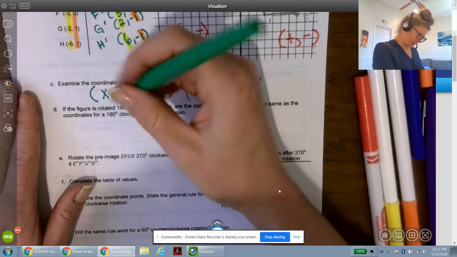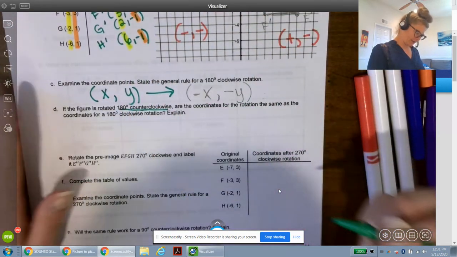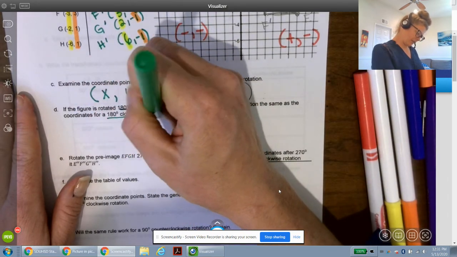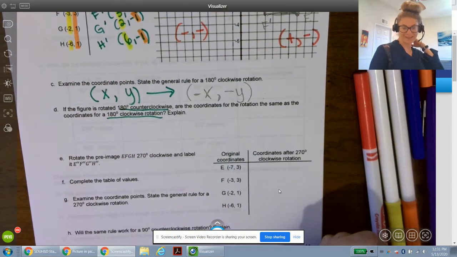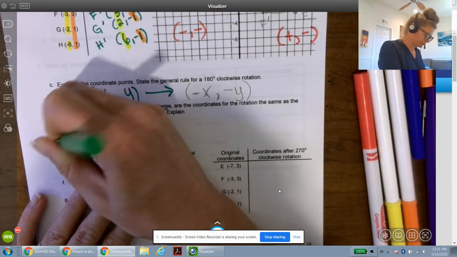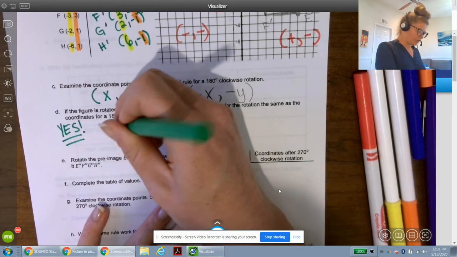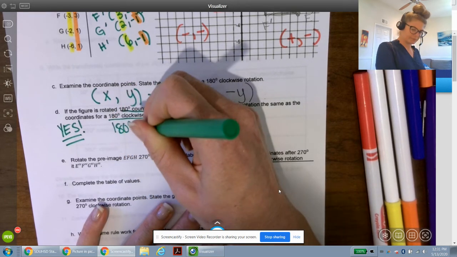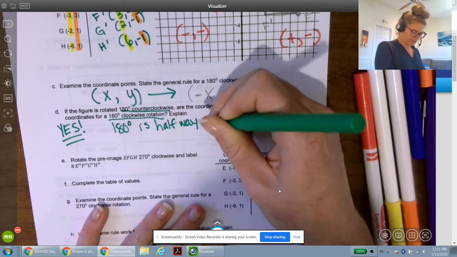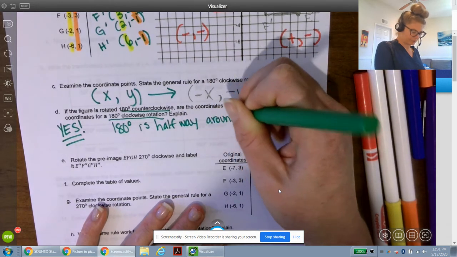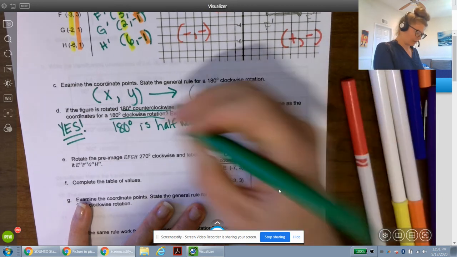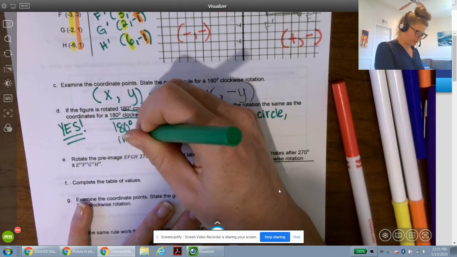So if the figure rotates 180 degrees clockwise, are the coordinates of the rotation the same as coordinates for a 180 degree counterclockwise rotation? Yes. Halfway's halfway, y'all. 180 degrees is halfway around a circle in either direction.